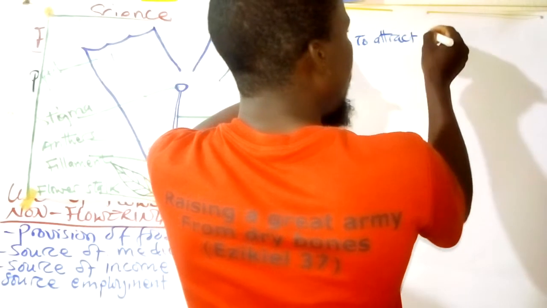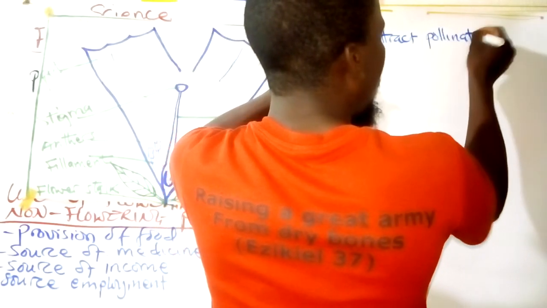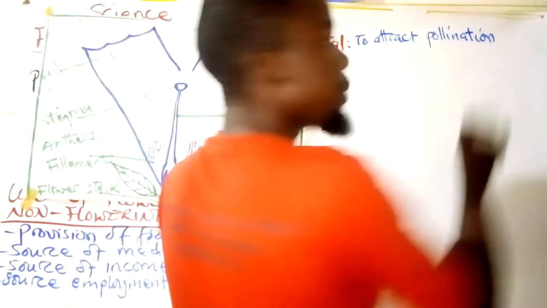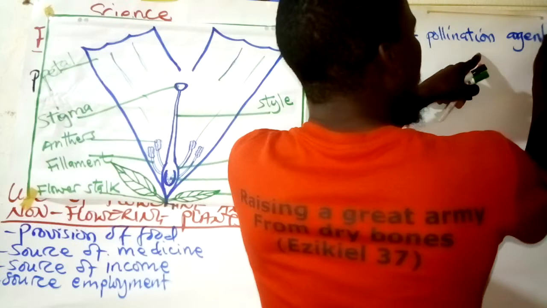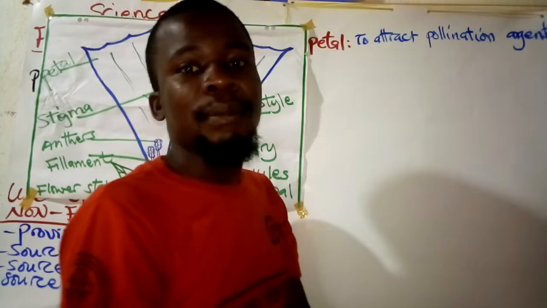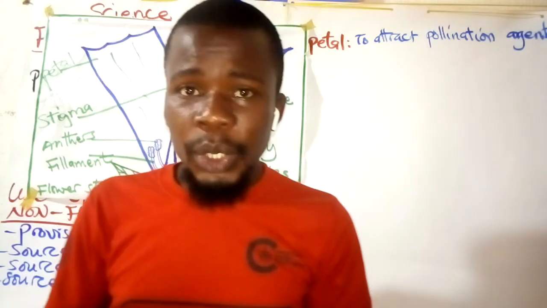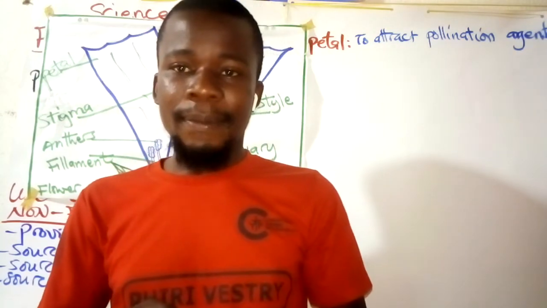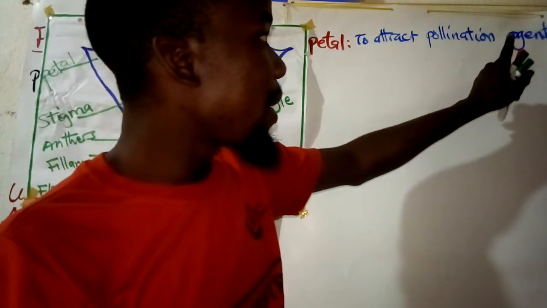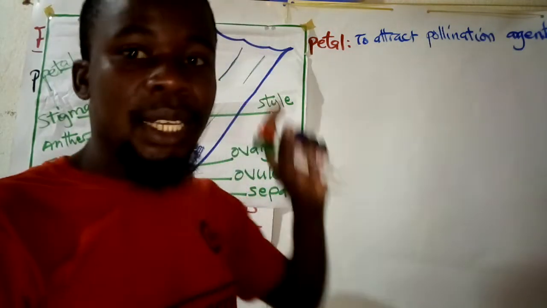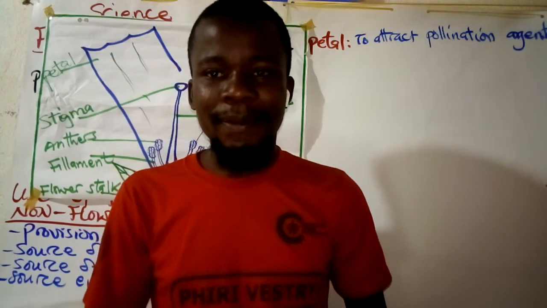To attract pollination agents. The function of the petal is to attract pollination agents.